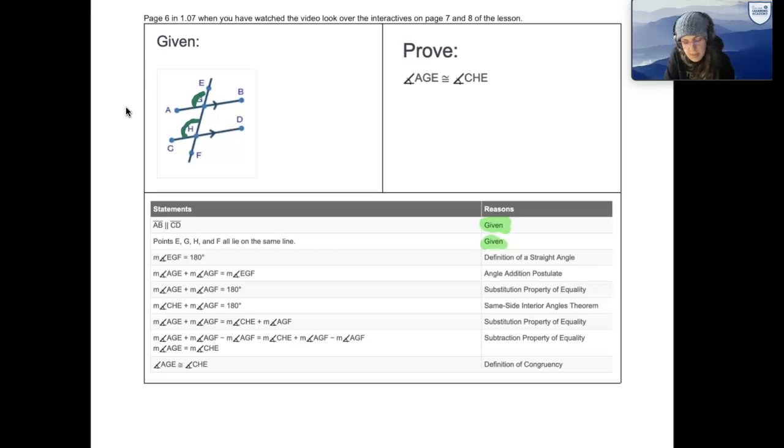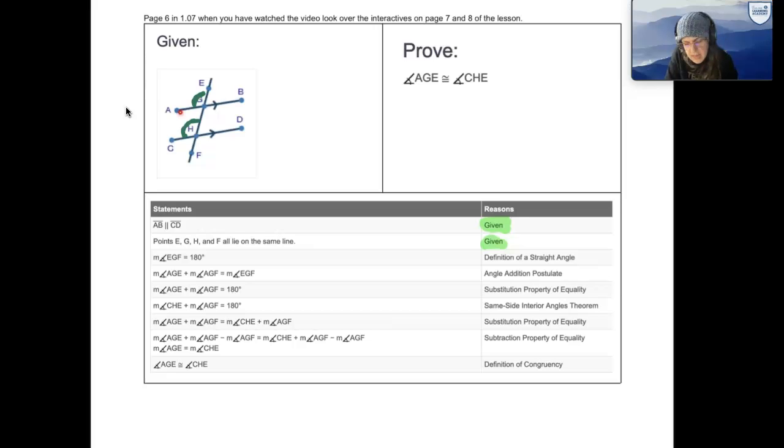So the measure of EGF, which is this line right here, is 180 degrees. That's the definition of a straight line. So all lines are 180 degrees. So that's a given.